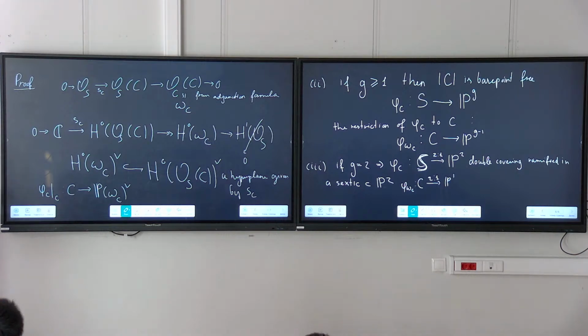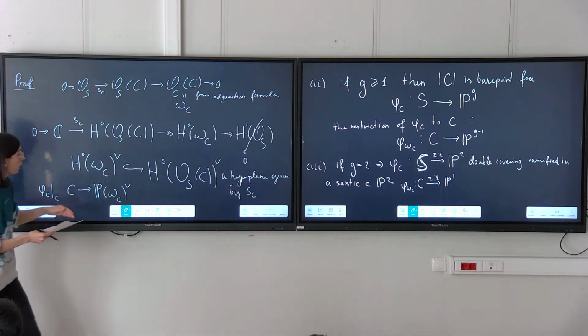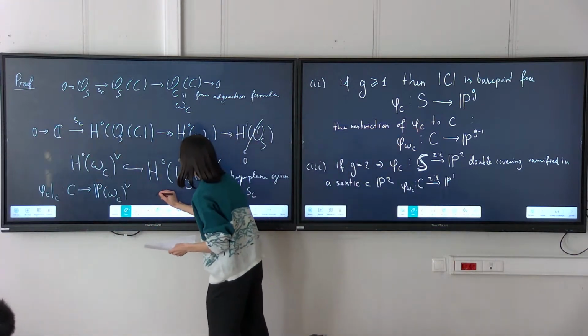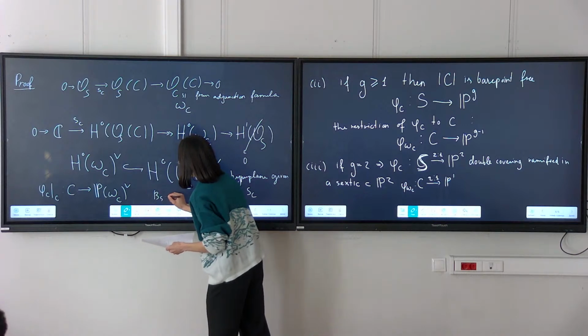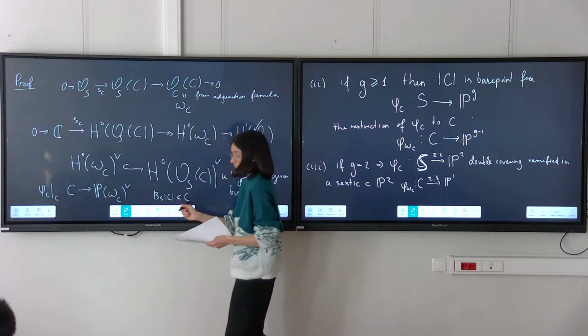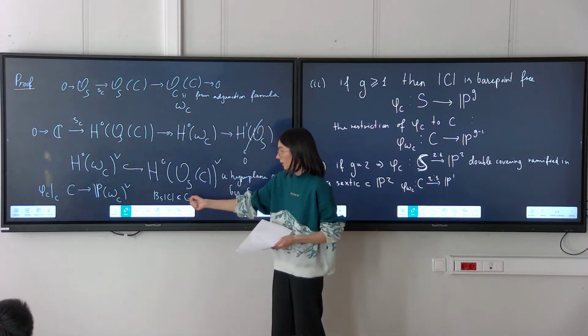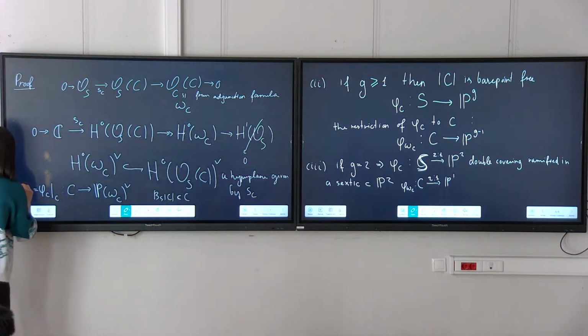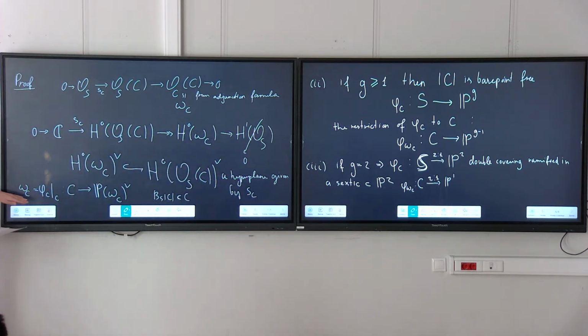And now, why is it base point free? Just because the base locus of C is definitely contained inside C, right? And we know that the canonical line bundle on a curve of genus greater or equal to 1 is base point free.